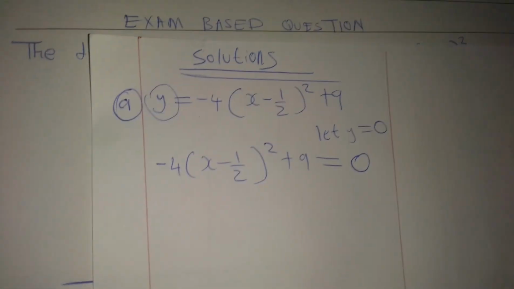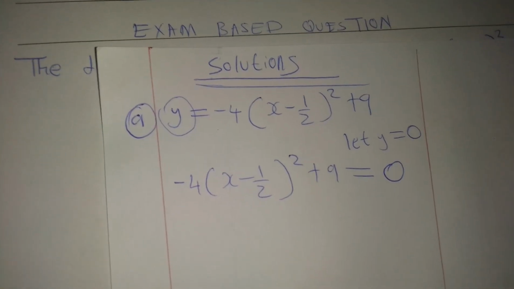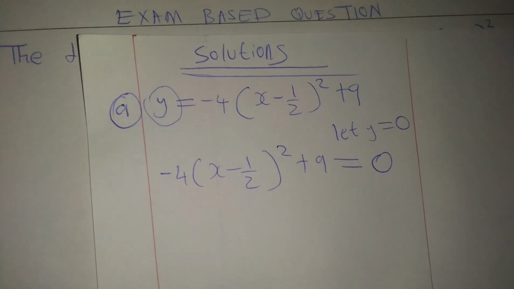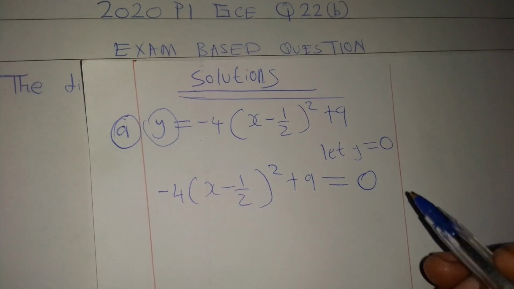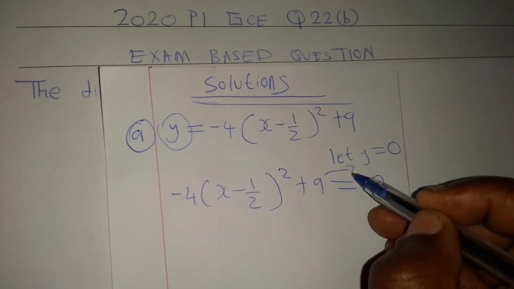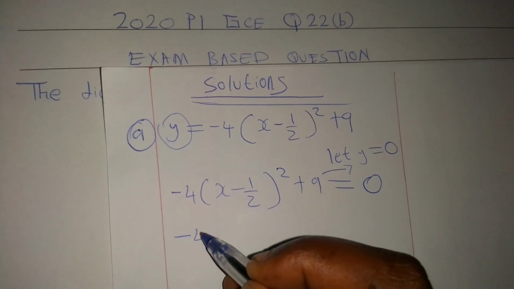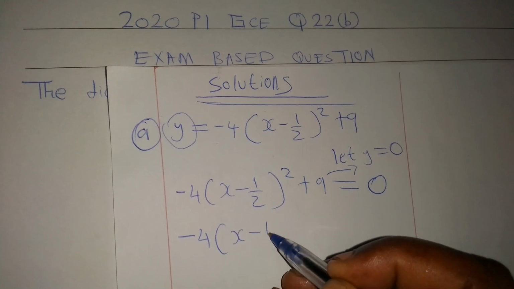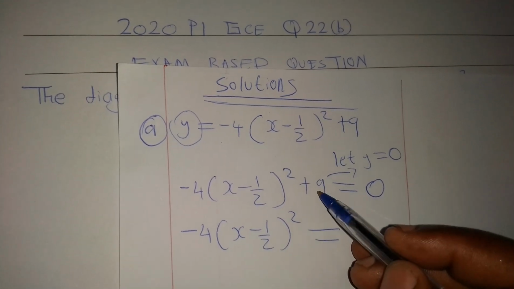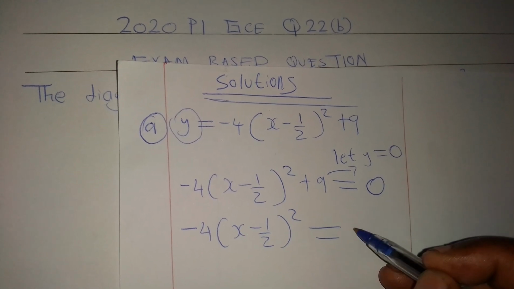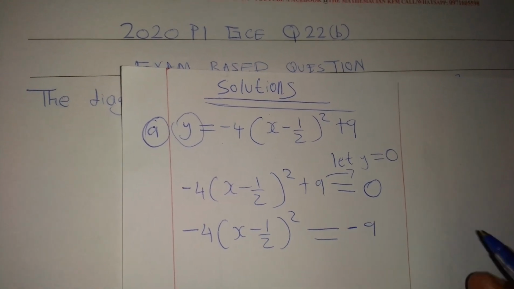Now, when you reach this stage, we are going to use a method that we call completing the square. To do that, I'll take this 9 to the other side so that I remain with -4(x - 1/2)^2 equals -9.